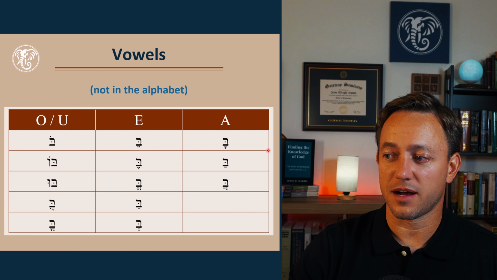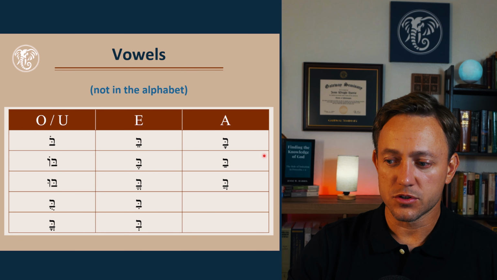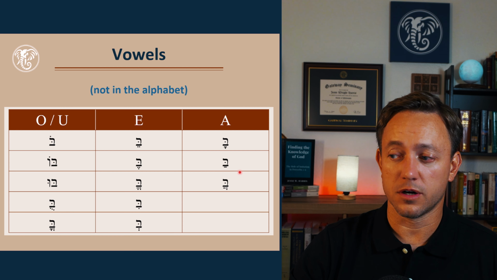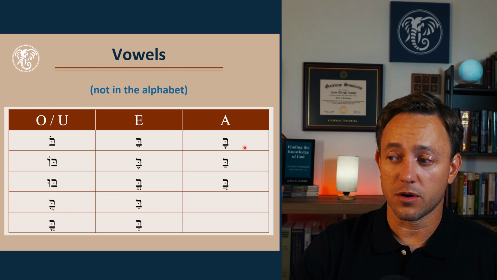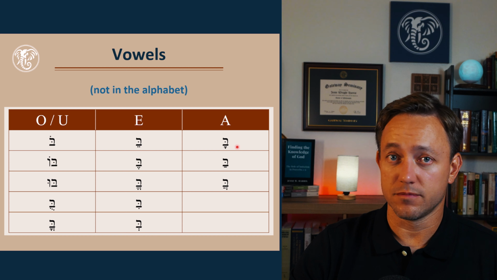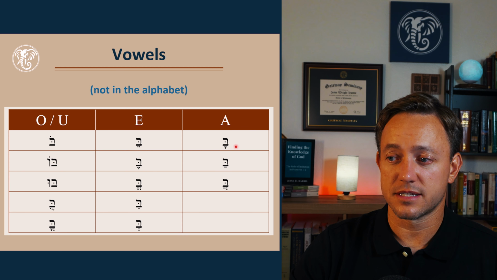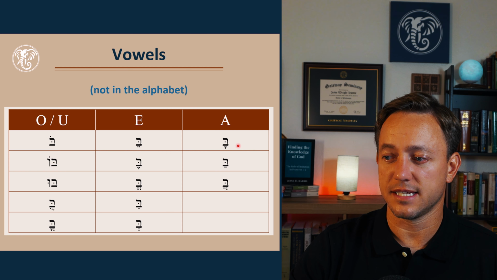Well, let's talk about our vowels a little bit more again here. So as we've mentioned before, in Hebrew, our consonants are ancient and original, but the vowels were added much later on by scribes, rabbis, called the Masoretes in around 500 AD up until about 1000 or so AD.